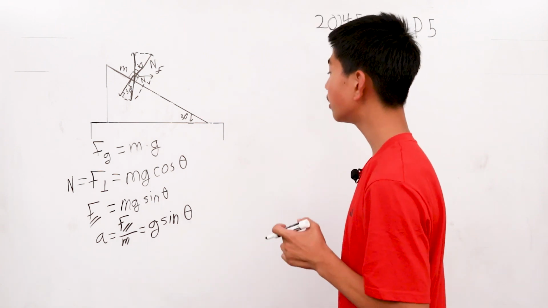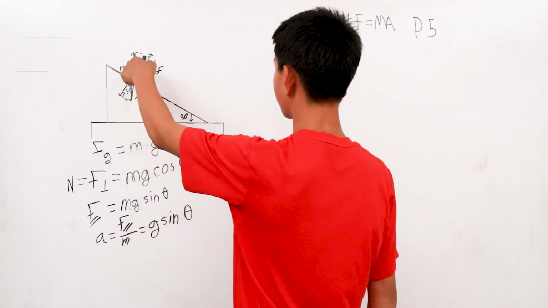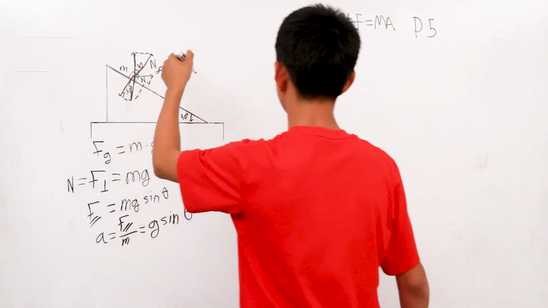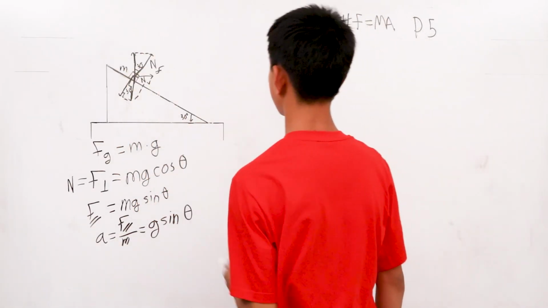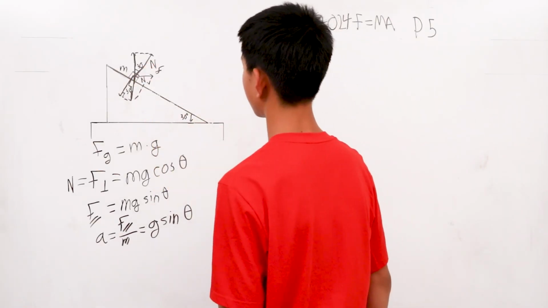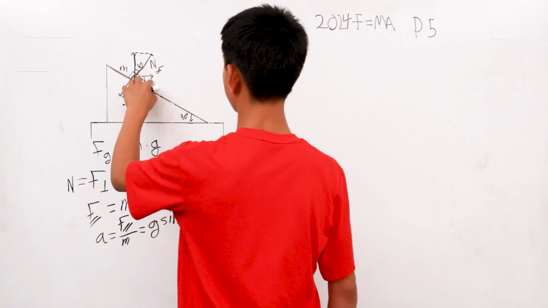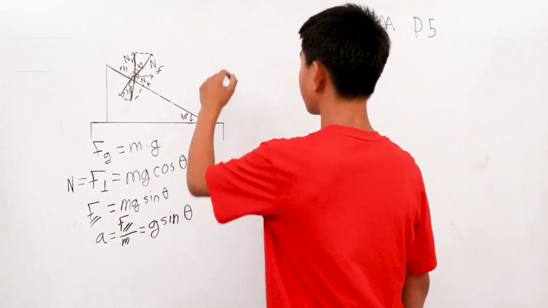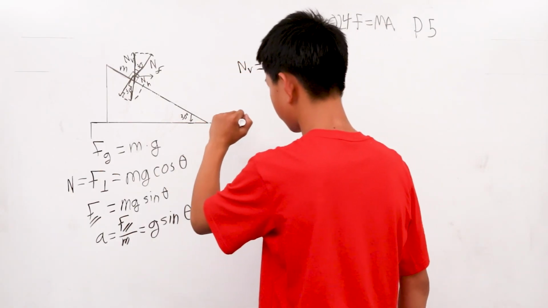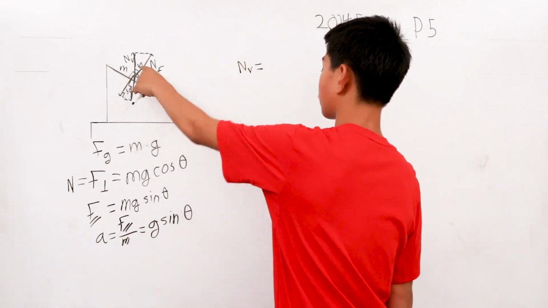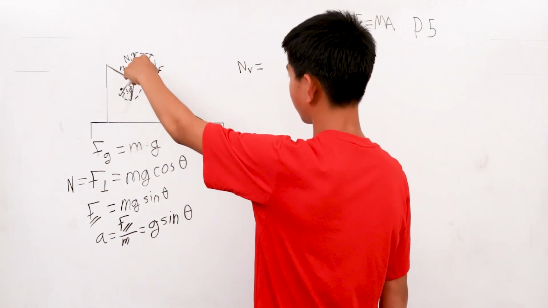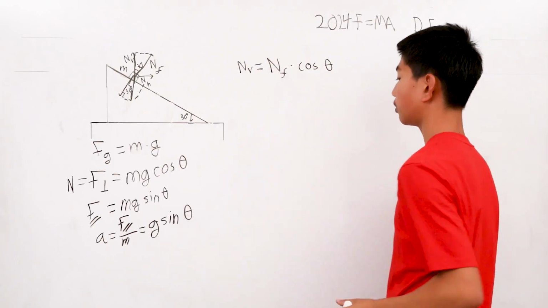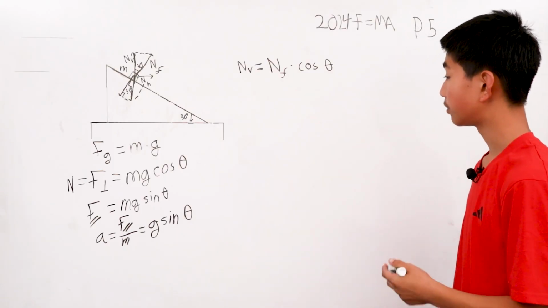Due to this 30 degrees, the vertical component is n sub f times cosine theta, where theta is again equal to 30 degrees, and the sine gives the horizontal component.